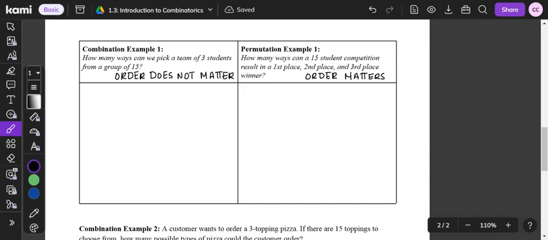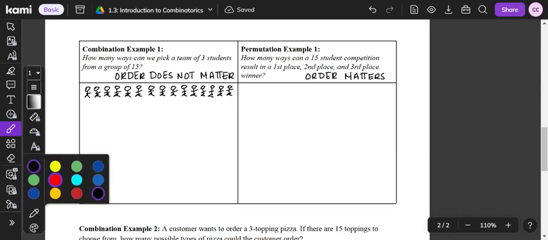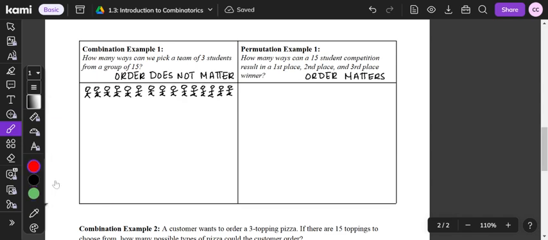The next thing I want to point out is we're going to draw a little diagram. Here in my diagram, I have 15 students. Looking at this combination example, if I'm going to pick a team of 3, I could pick these 3, or these 3, or mix it up a little bit and jump around.